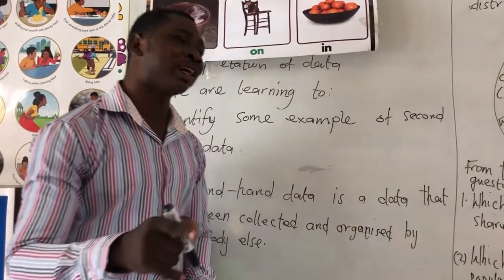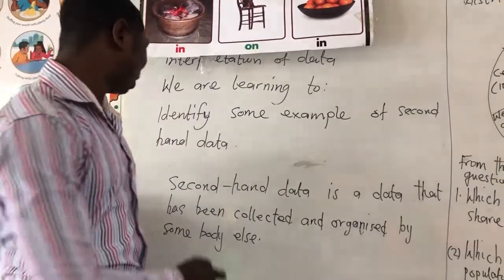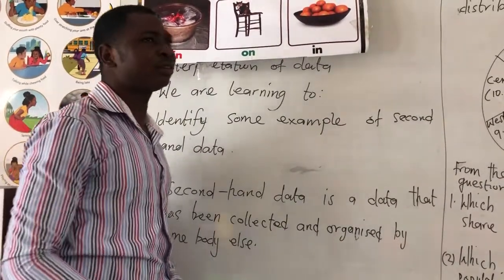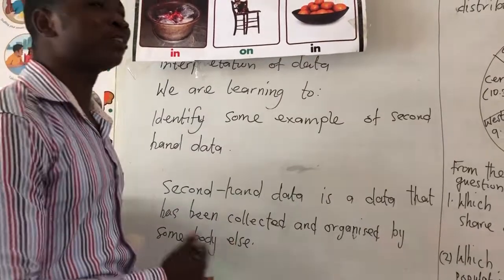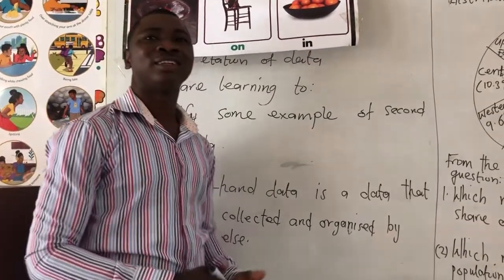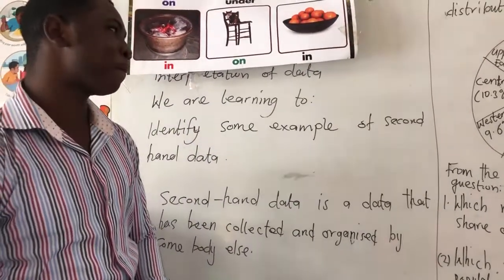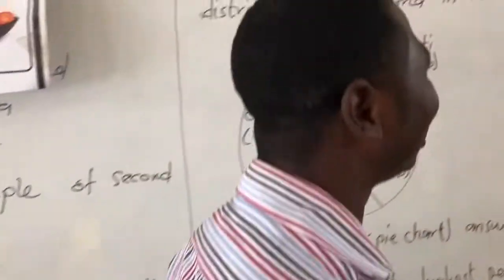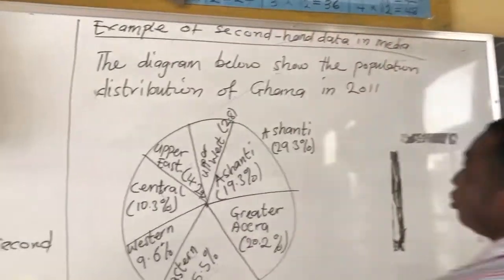Second-hand data is data that has been collected and organized by someone else. So we just want to talk about one example, and then we move on.